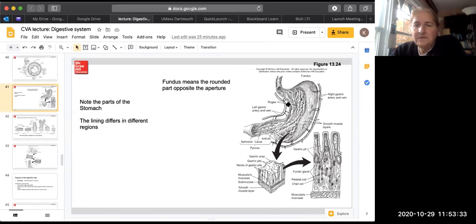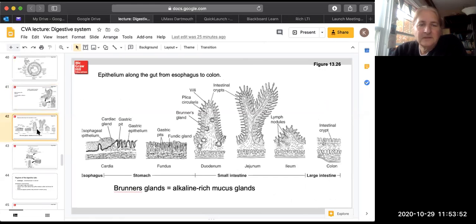The stomach has again the same kind of lining, with the mucosa and the submucosa, but it differs in the different regions.